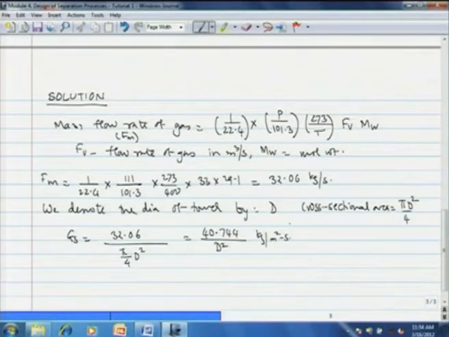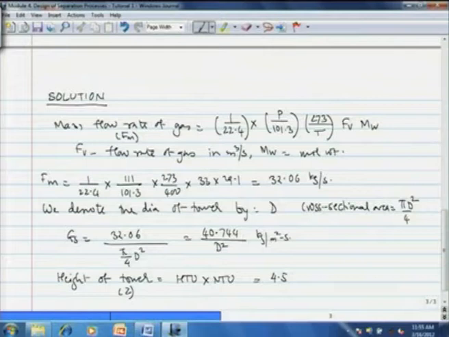The height of the tower. Height of the tower that we denote by letter Z is HTU, height of transfer unit, into number of transfer units NTU. HTU has been given to us as 4.5 meter, NTU is a function of GS, GS raised to 0.5. So, the total height of the tower Z is 4.5 into GS raised to 0.5.